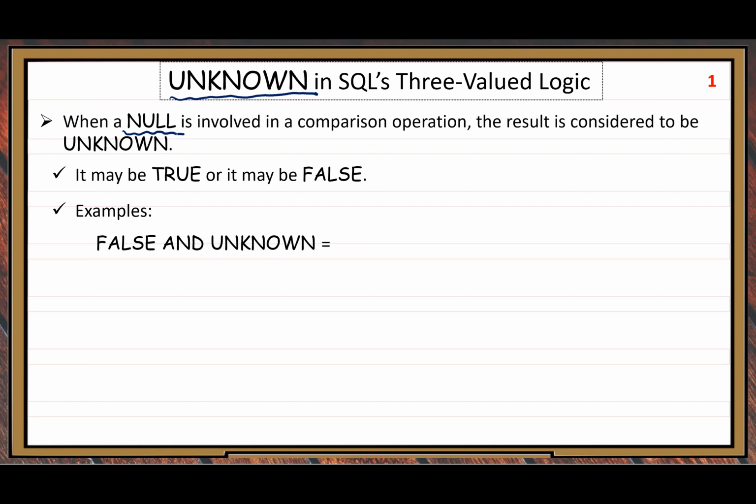If you need to find this Boolean value, false AND unknown. You know the AND operation, right? Oh, sorry. Thank you for letting me know. Look at false AND unknown.